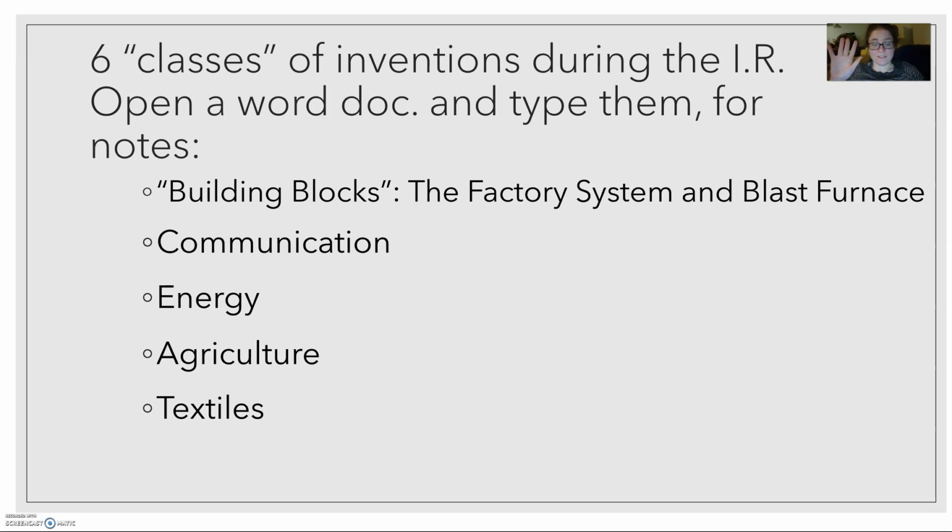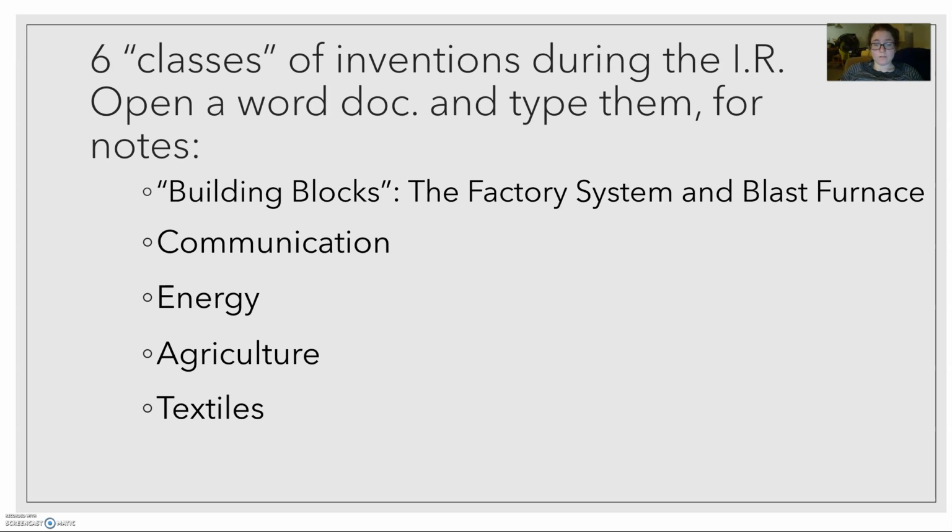The fifth is textiles, and a lot of folks don't really know what textile means anymore. That means clothing and fabric. So a textile factory is going to spin cotton into thread, take thread and make it fabric, possibly even take that fabric and make it into clothing.